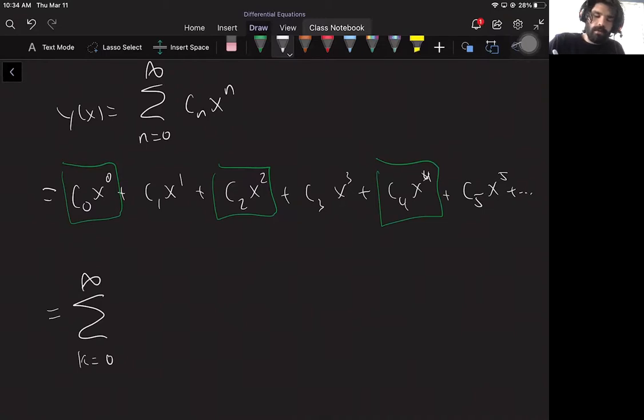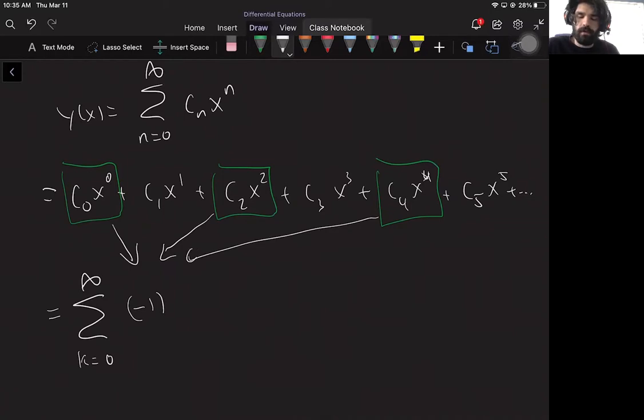So all of these terms are being put together in this series, the sum of Cn x to the n.